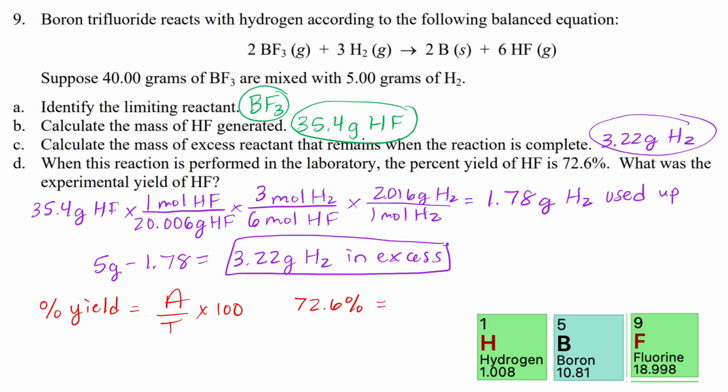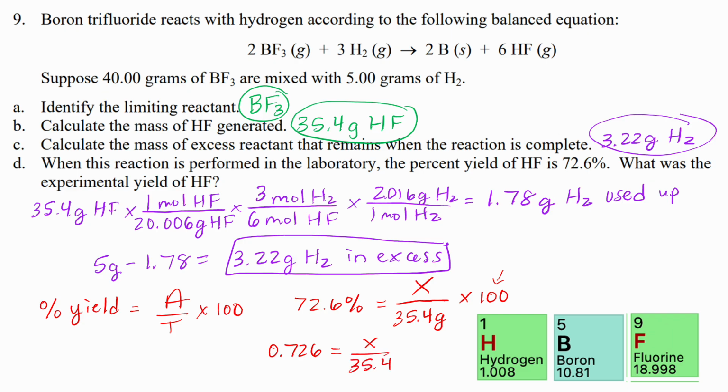We also know our theoretical yield because we calculated it. So we also know what's on the bottom, which is 35.4 grams of HF. And then we know we're going to multiply this by 100. So our only missing value here is the actual amount. So we know simple algebra, right? If we want to get rid of this 100, we need to divide both sides by 100. So that means I'm going to have 0.726 equals x over 35.4.